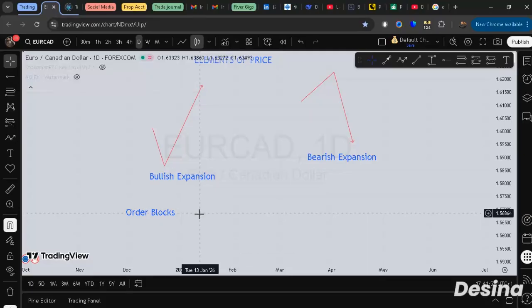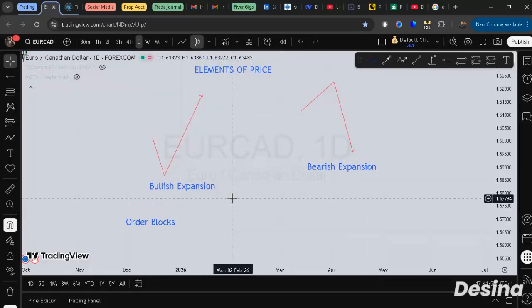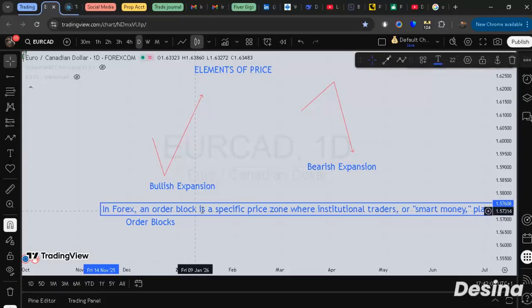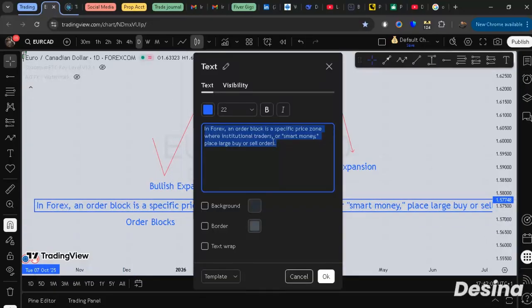All right, guys. So I was trying to define what an order block is, and according to Google, I'm going to paste what it defines an order block as.